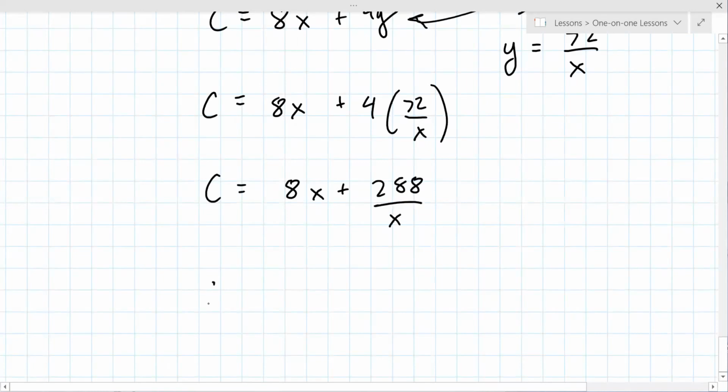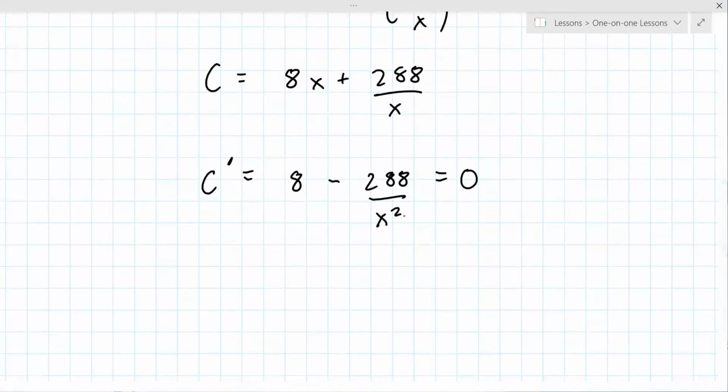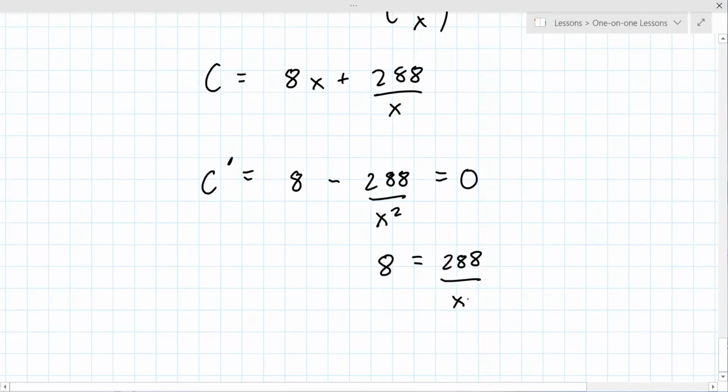In all of these problems, you take a derivative, set it equal to 0. The derivative here is 8 minus 288 over x squared. You set your derivative equal to 0. So to solve this by hand, you move this term over to the right. So you have 8 equals 288 over x squared.